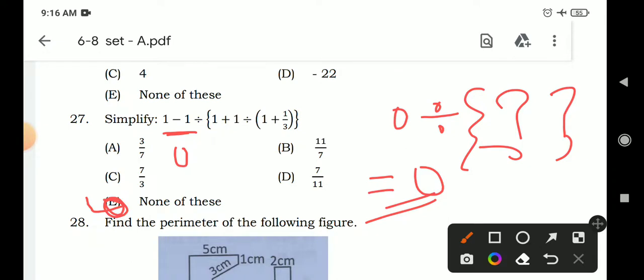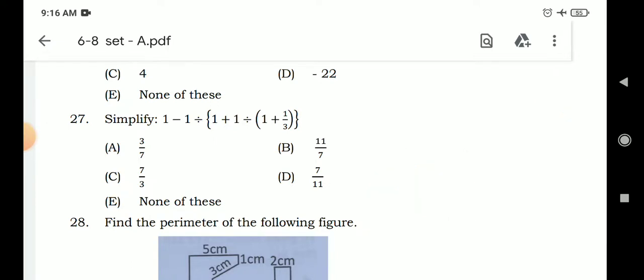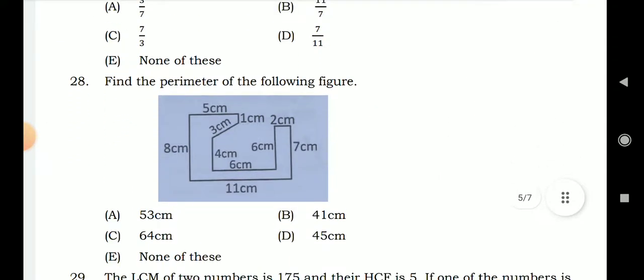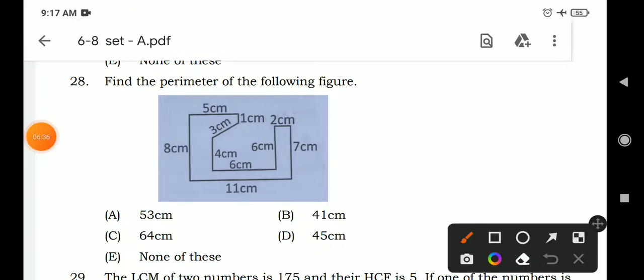Okay dear student, now the next question, question number 28. You have to find the perimeter of the following figure. In this figure you can check how many total sides there are. There are a total of 10 sides.